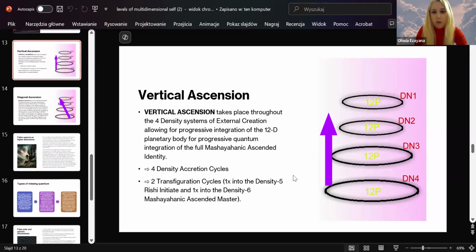Meaning that you go through those density accretion cycles, so you integrate dimensions 1 to 3, 4 to 6, 7 to 9, 10 to 12, and then you're integrating your Rishi, dimensions 13 to 15, that's already called a transfiguration cycle. And then this Rishi becomes a part of your Mashayanic ascended identity. And this is a process that takes ages.